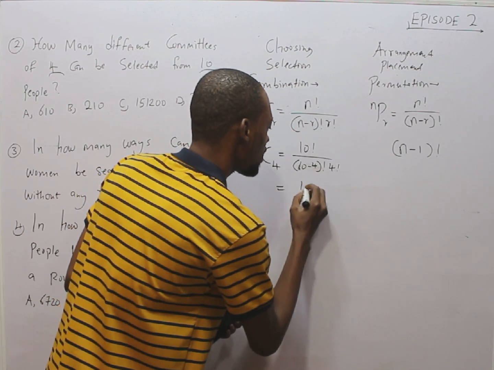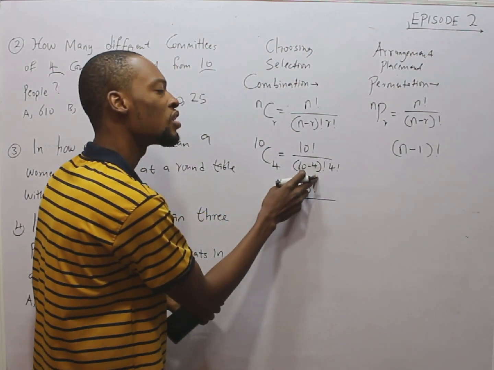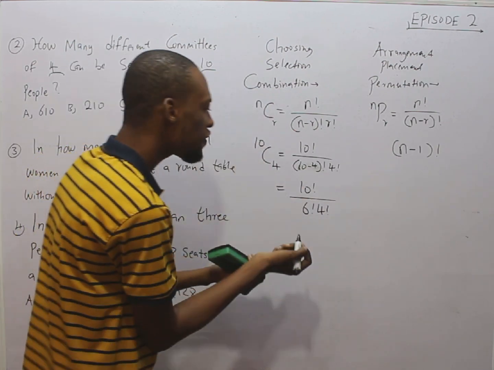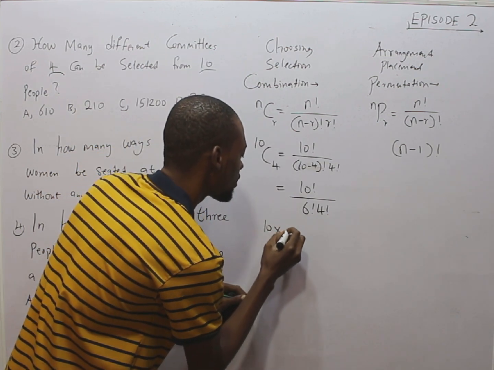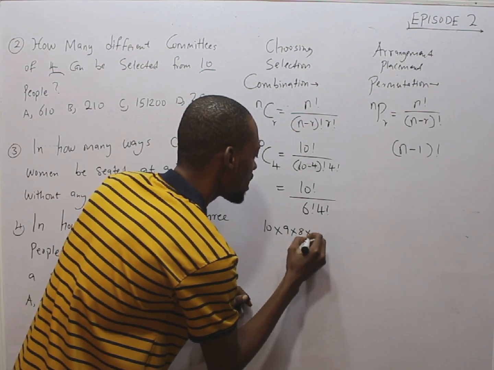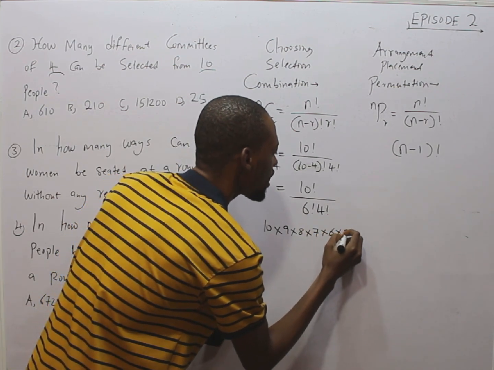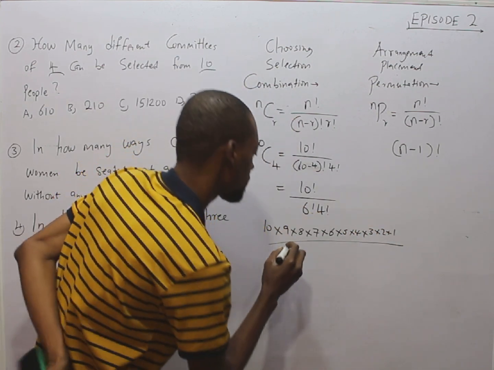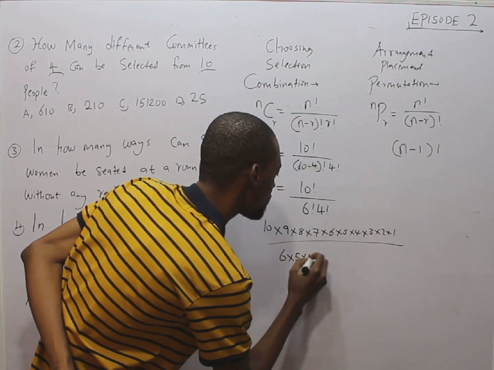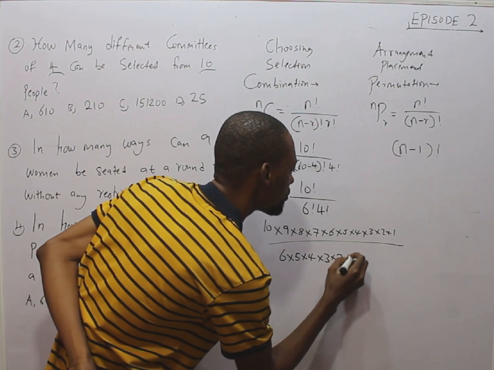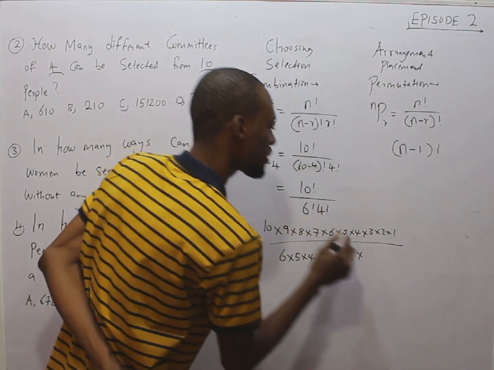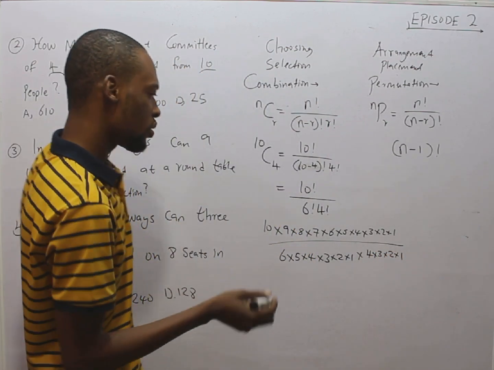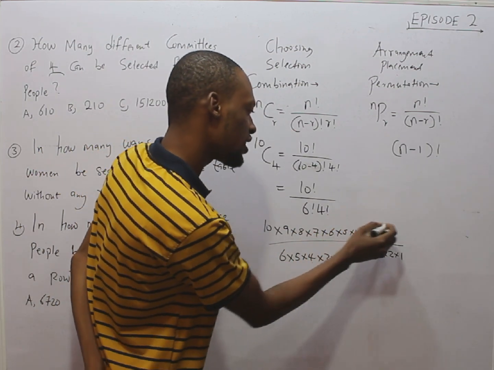So how do we resolve this? This is the same thing as 10 factorial over 10 minus 4, which is 6, so 6 factorial, 4 factorial. 10 factorial is 10 times 9 times 8 times 7 times 6 times 5 times 4 times 3 times 2 times 1, over 6 factorial, which is 6 times 5 times 4 times 3 times 2 times 1, times 4 factorial, which is 4 times 3 times 2 times 1.